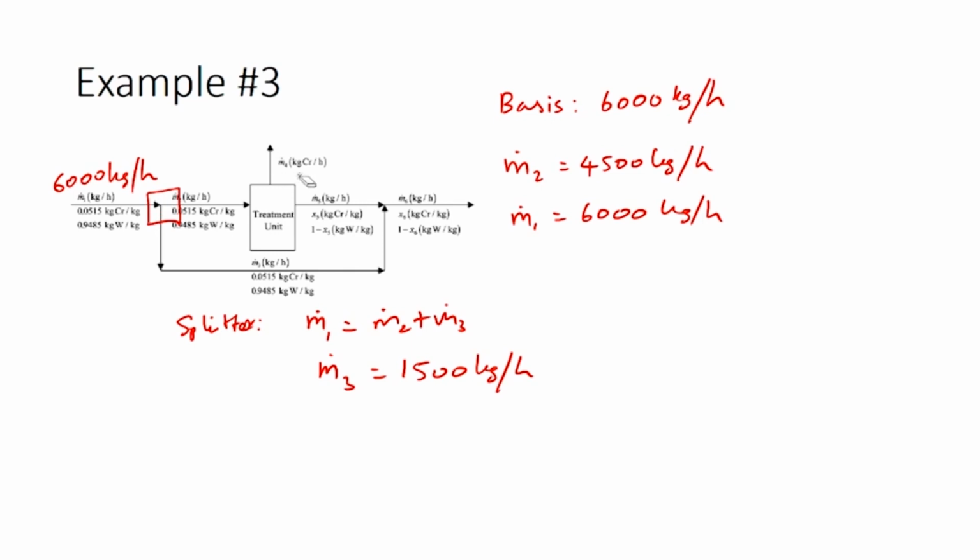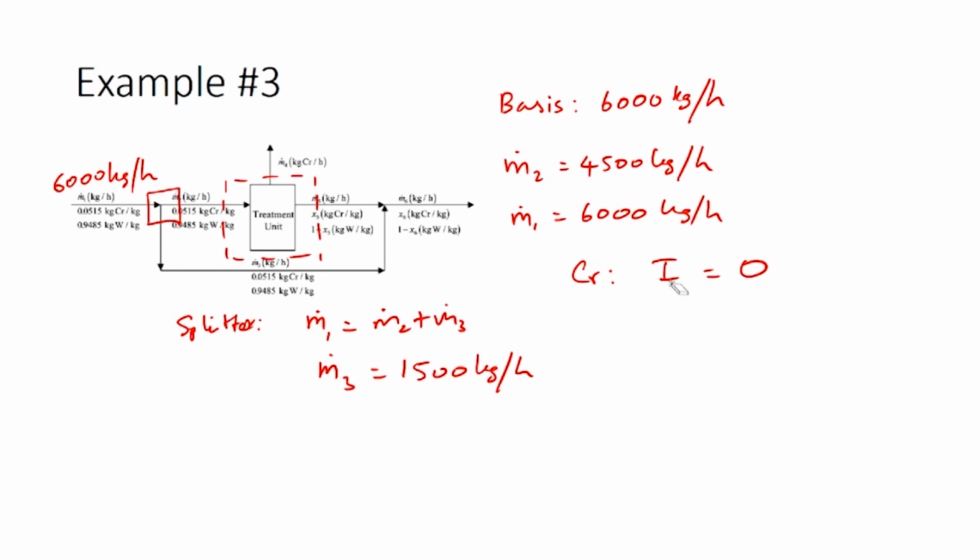We need to know how much is M4 dot and what would be M5 and M6 dot. For this we can write material balances for the treatment unit. We can write a chromium balance. The chromium balance says that the amount of chromium input equals the amount of chromium output, because there is no reaction, so no generation or consumption, and at steady state there will not be any accumulation.